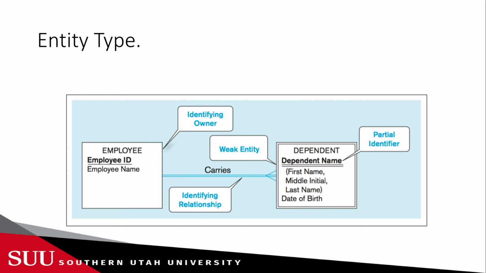But if I don't have that building in my system, I cannot have the rooms in that system as well, because where will the room belong? The room cannot exist without the building existing. And this is another example of a weak entity versus a strong entity.